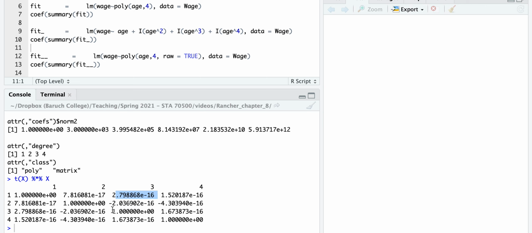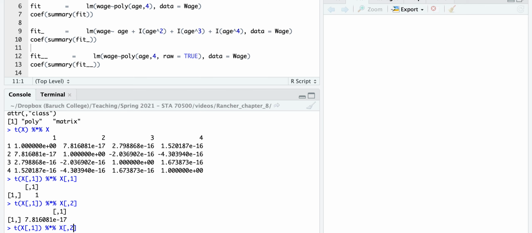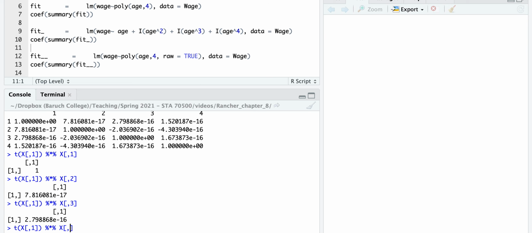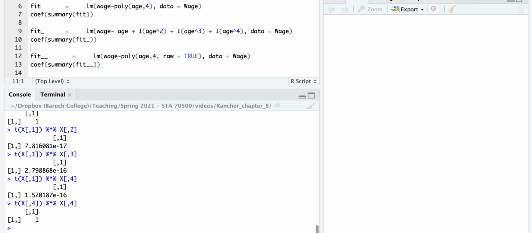The diagonal terms are 1. That means that, for example, another way of seeing this is, let's say we take the first column and another column, it is zero. But then if you do 4 and 4, it's 1.